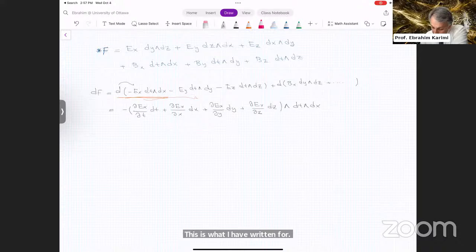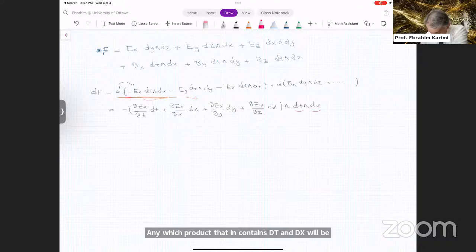Since I have a dt and dx here, any wedge product that contains dt and dx will be equal to 0. So this term will not contribute. This term also will not contribute.